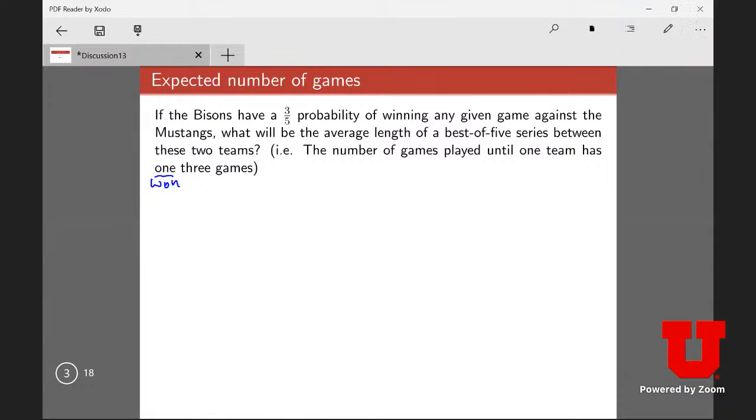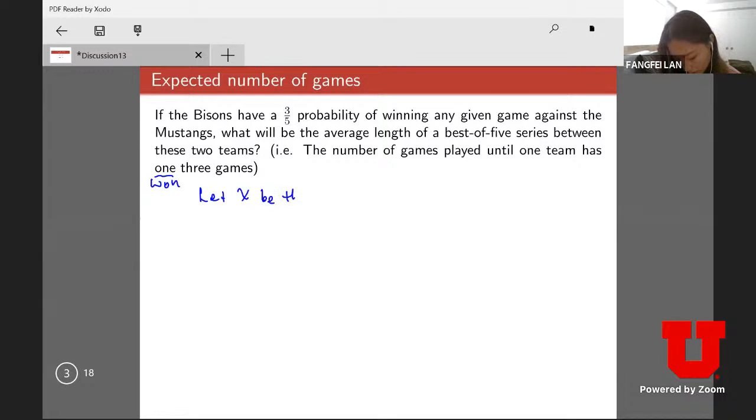Basically you have to get the probabilities of each length of the series. Yeah, exactly. So how many different lengths can there be for a best of 5 series? 3, 4, and 5. Exactly. Okay, so let's write this formally. Let X be the length of a series.